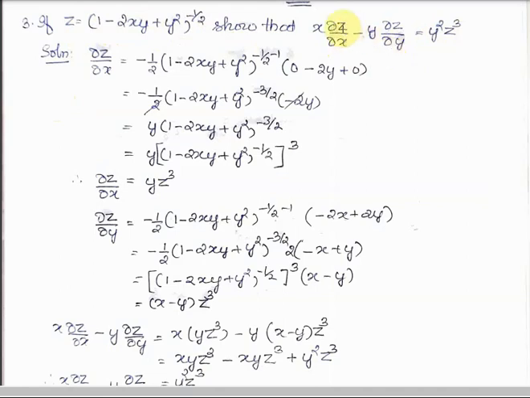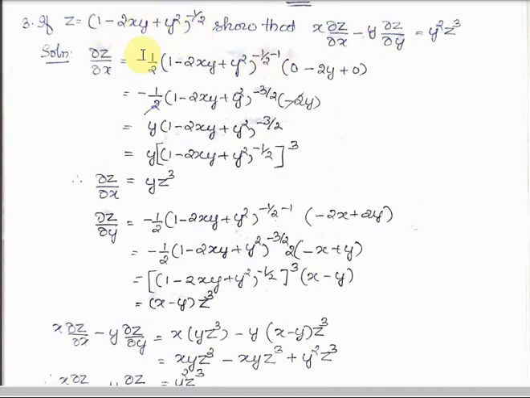What do I require? I require dou z by dou x and I require dou z by dou y. Take z, dou z by dou x, that means y is kept constant. First we have to differentiate the power. Anything to the power of minus half becomes minus half into the term to the power of minus half minus 1.